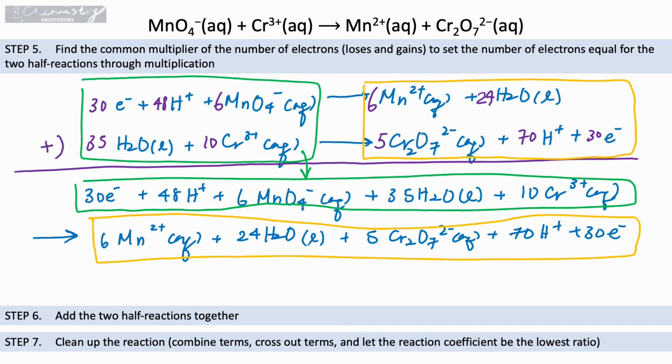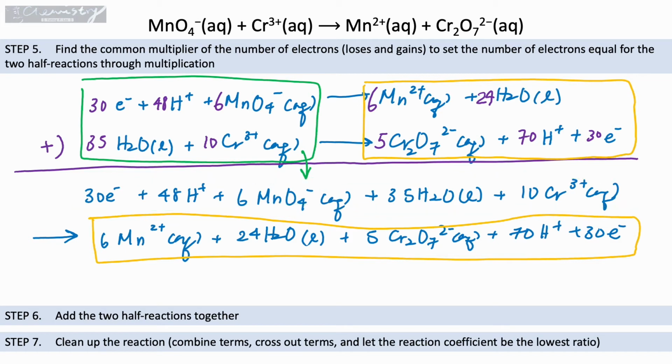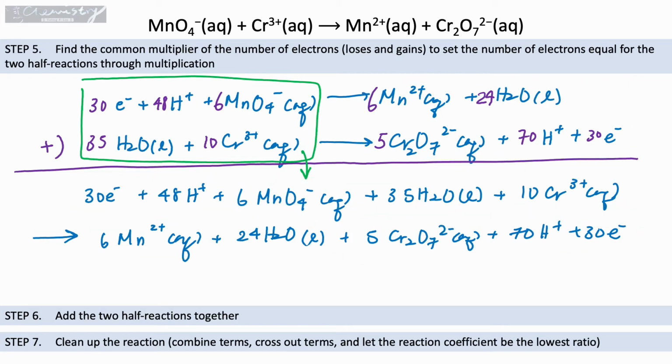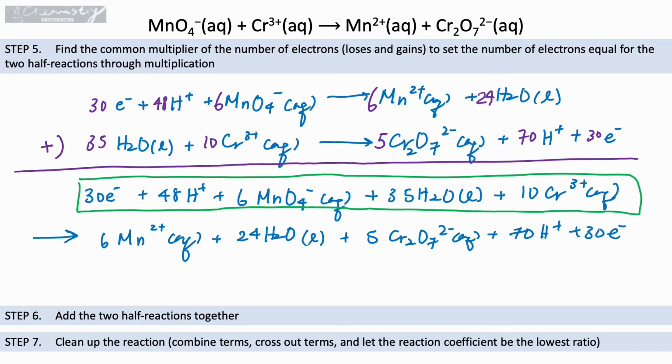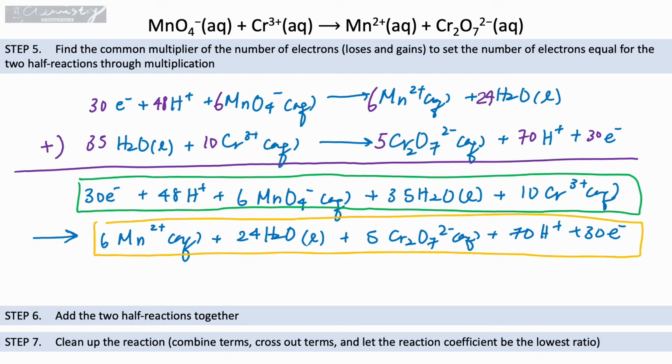Step 7 is to clean up the reaction, combine the terms, and let the reaction coefficients be in the lowest ratio. So let's look at this reaction. We can see that if anything is the same before and after, we can cross it out. So we have 30 electrons, 30 electrons.